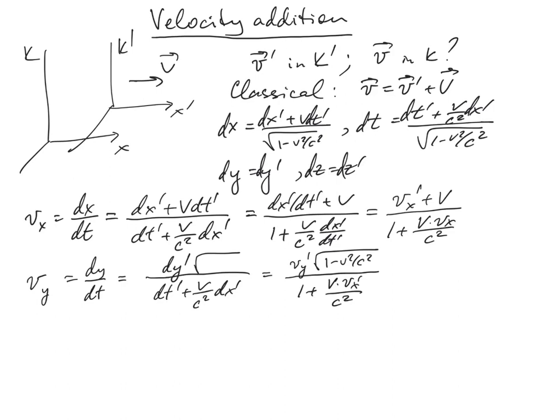You can't just interchange V prime and V. You'll get a different result. This is a manifestation of the fact that two Lorentz boosts along different spatial directions do not commute. The result of two boosts generally depends on the order in which you perform them. This concludes this segment on the Lorentz transformations.